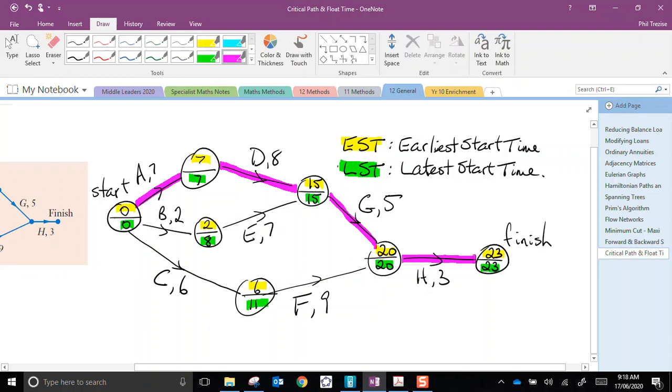I have just highlighted the critical path. That is the jobs that must not be delayed. If we have any delays whatsoever with job A, D, G, or H, the entire project is put back. So the critical path is really quite a simple thing to work out.